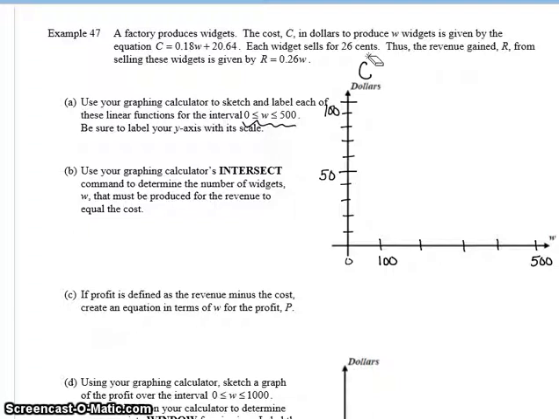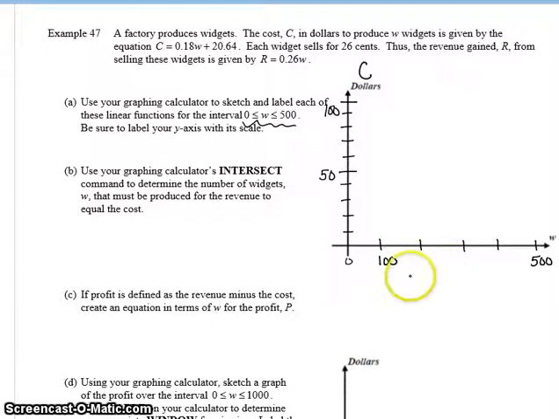So, a couple things you could do. You can hit menu and you can zoom fit it and it'll pop up on your screen, or change your axes, okay? So what you're going to do is if you hit menu and then somewhere it's going to tell you window, then you go to window settings, okay?